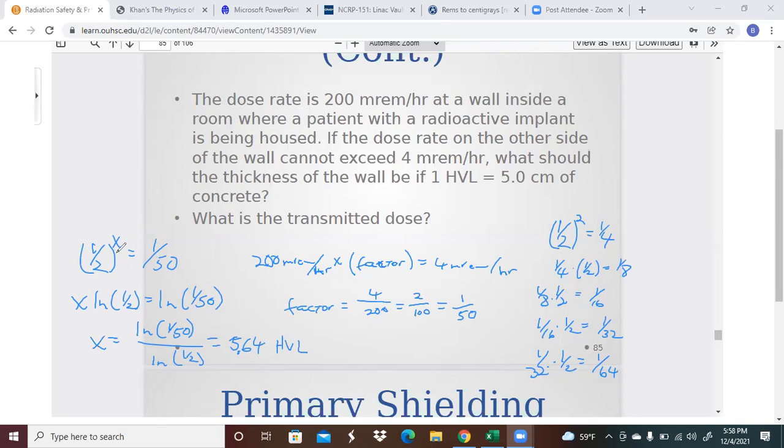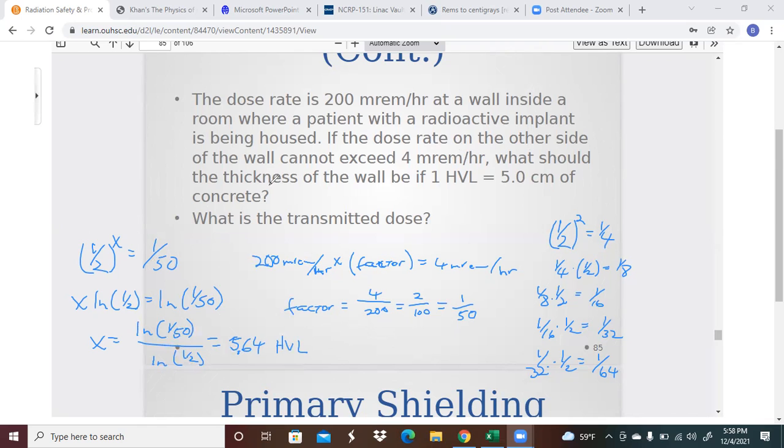If I take the natural log of both sides, I can bring that exponent down. So I've got x times the natural log of 1/2 is equal to the natural log of 1/50. Divide both sides by the natural log of 1/2. If you work this out, it ends up being 5.64 half value layers.